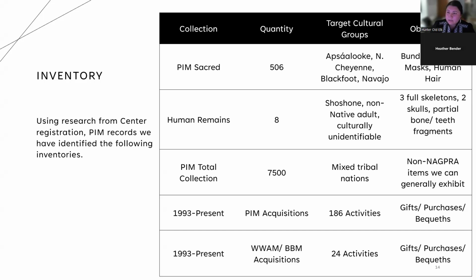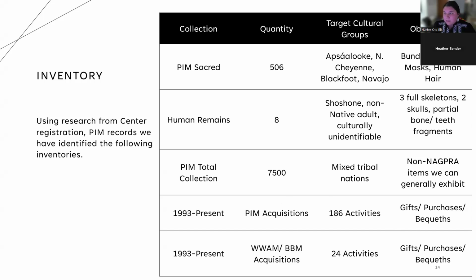An activity is an important distinction because it can include one single item or a collection of items. Basically, it's 186 transactions that the Plains Indian Museum had, including anything from gifts to purchases to estates and bequests.